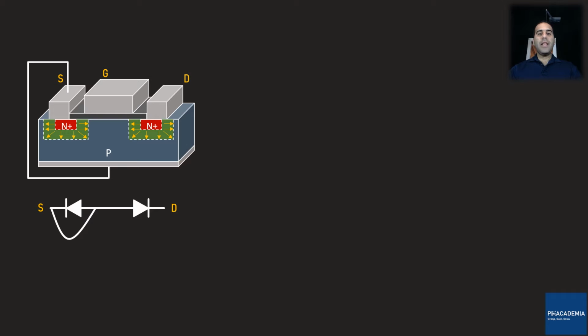What I want to do now is apply a voltage source with its positive terminal connected to the gate and negative terminal to the source. Note that the source is connected to the substrate. Now, I want you to focus on this area before I increase VG.